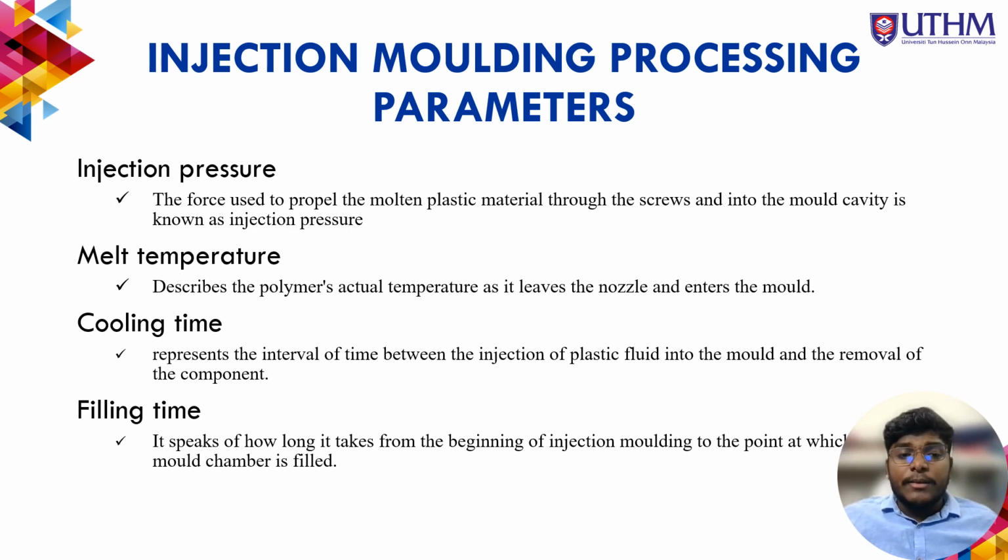Thirdly, the cooling time. Cooling time represents the interval of time between the injection of plastic fluid into the mold and the removal of the component. And lastly, the filling time. It describes how long it takes from the beginning of the injection molding to the point at which the mold chamber is filled.